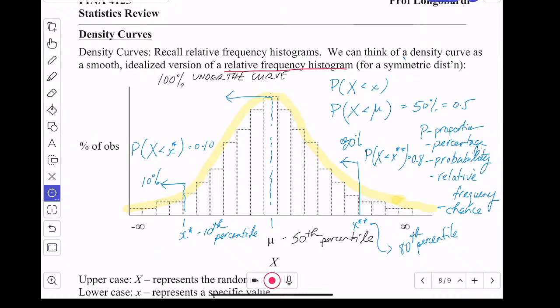Okay, so then what if I ask you, what is the probability of an observation between X star and X star star? How do you figure that out?